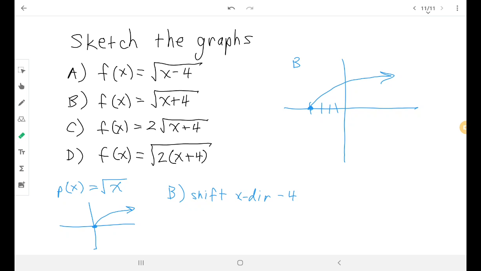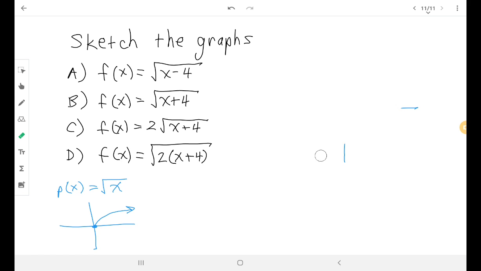All right, let me erase this and we'll look at C. C and D are going to be a little more difficult to visualize. Okay, so let's talk about C. First of all, there is multiplication, right? So we have a shrink or a stretch. And to know which one, first of all, we got to know which direction.